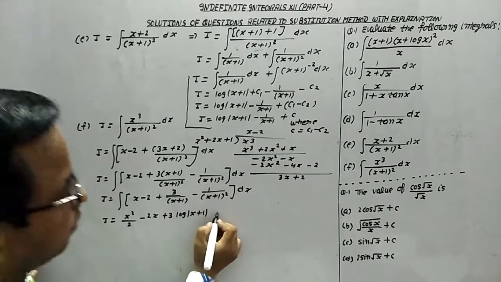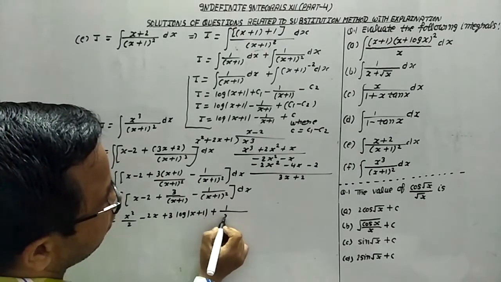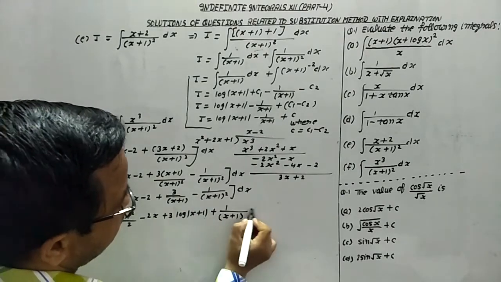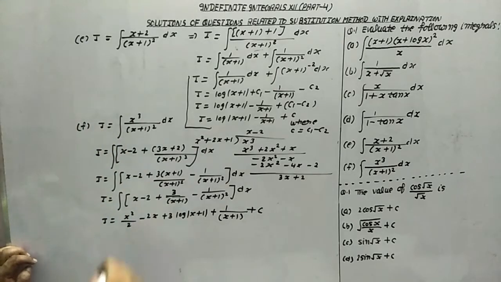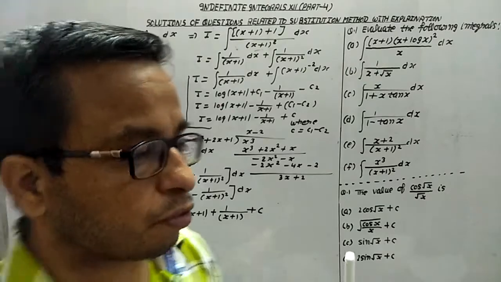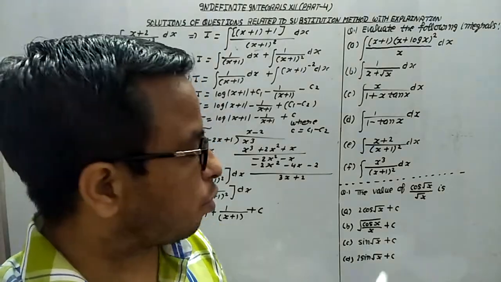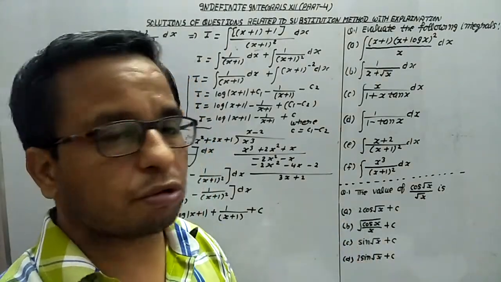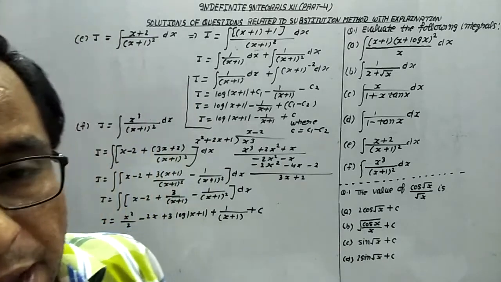So this is minus, it means this becomes plus 1 upon x plus 1, and plus c. So this is the way to do these important questions. Do the practice related to other questions, and don't forget to give the answer of this question in the comment box. Thanks and God bless you.